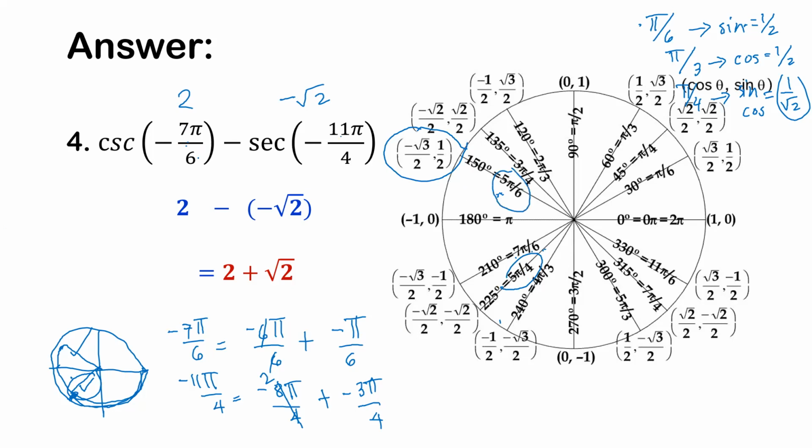So, ibig sabihin, pag negative, hahanapin mo yung positive na pag inadd mo, even multiple na ng 2 pi. Okay? So, integral multiple rather of 2 pi or even multiple ng pi. Like 7 pi over 6, kung negative to, hahanapin mo si 5 pi over 6 para 12 pi over 6, 2 pi. Ito, hanapin mo si 5 pi over 4 para 16 over 4, 4 pi.